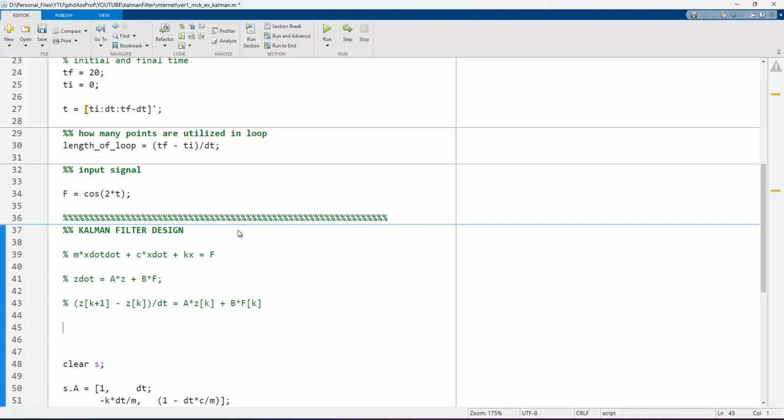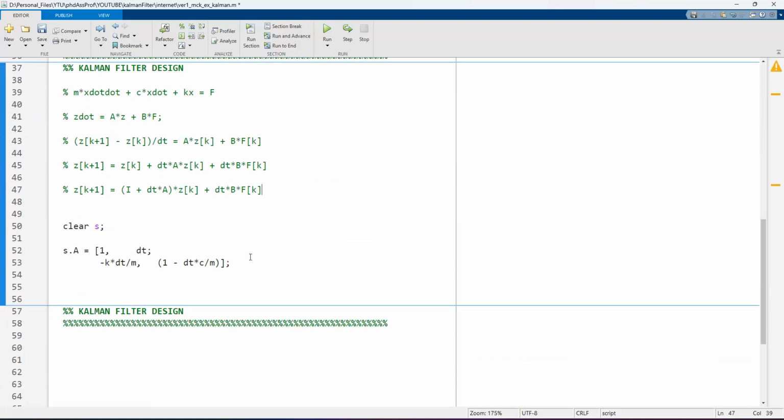If we reorganize the equations, z k plus 1, containing the position and velocity values as a 2 by 1 z vector, is zk plus dt times A times zk plus dt times B times fk.